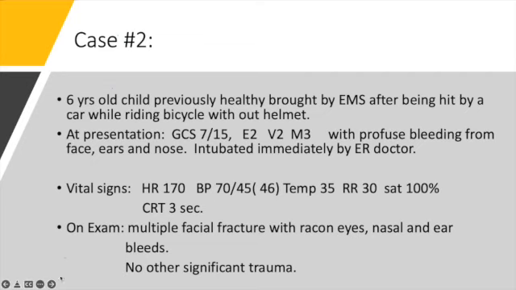Intubated immediately by ER doctors. Vital signs: he is tachycardic, 170, BP is low, 70/45, MAP is 46, temperature is low, 35, RR is 30, saturating 100, capillary refill is 3 seconds. On examination, multiple facial fractures with raccoon eyes, nasal and ear bleed, no other significant trauma.